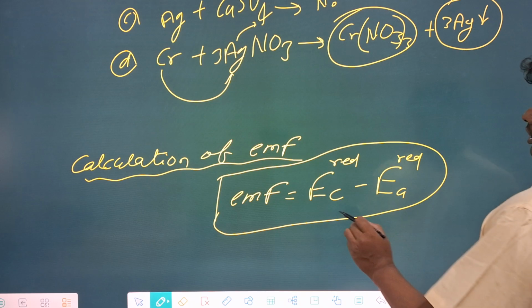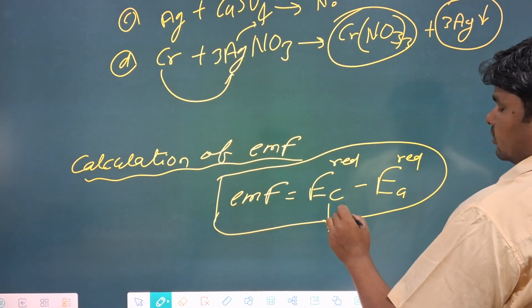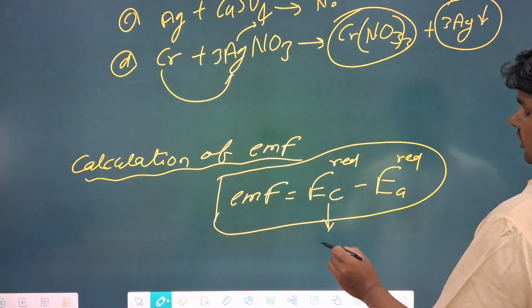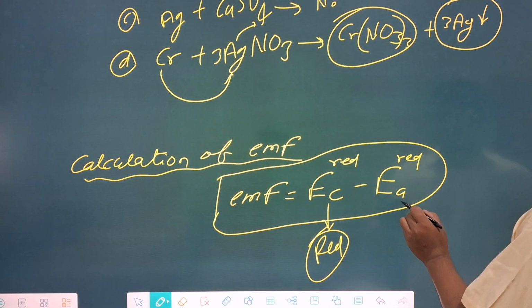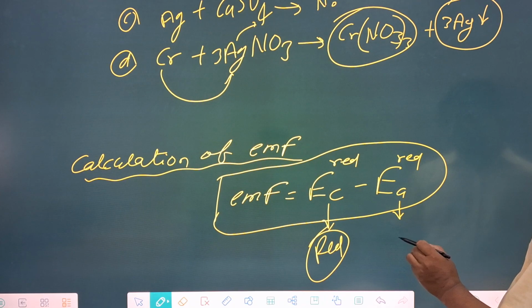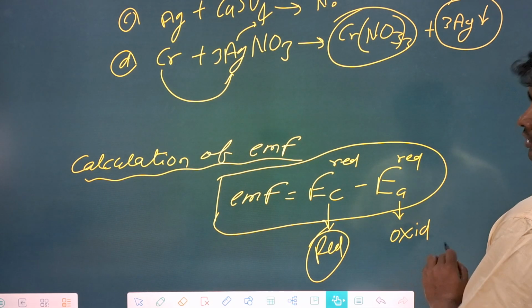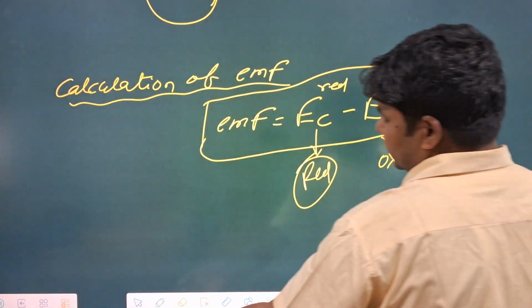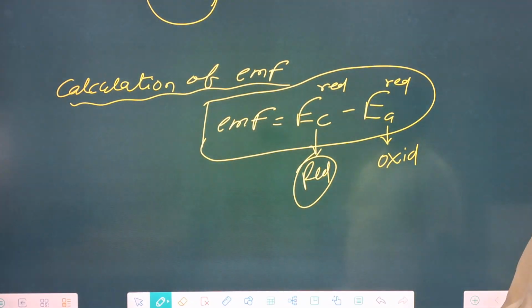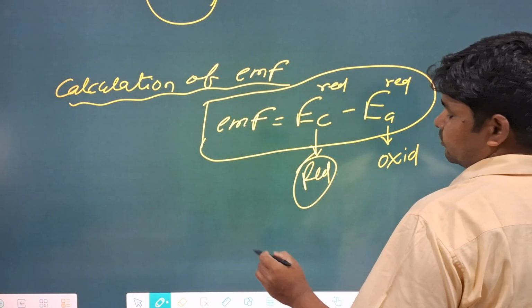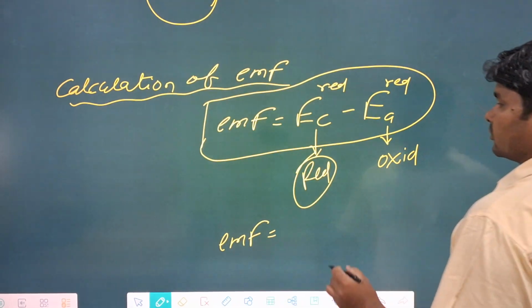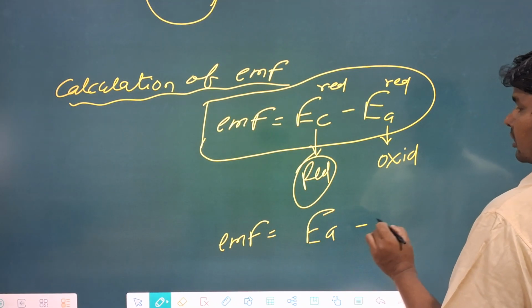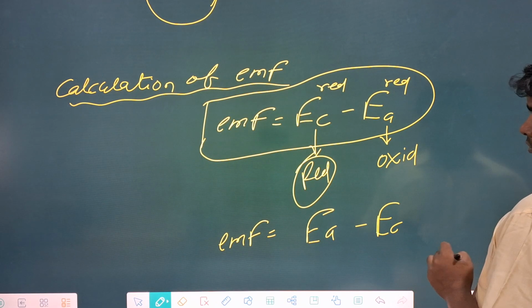Cathode is the one on which reduction takes place, and anode is the one on which oxidation takes place. If the value of oxidation potential is given, then the formula becomes E anode minus E cathode.